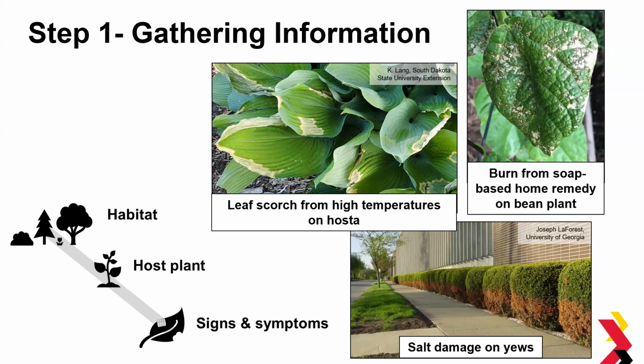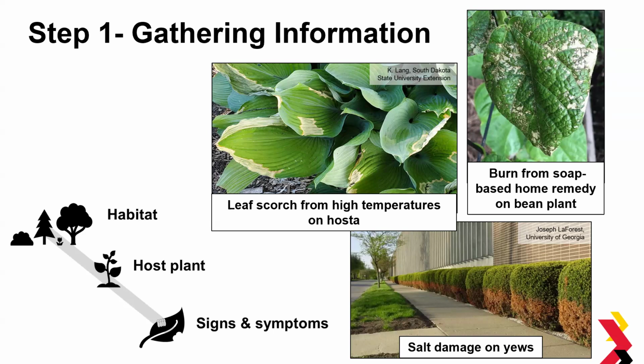So there's not always a cheat code to knowing, oh, we see this particular colored spot on a plant, we know exactly what that is. That isn't always the case. Sometimes we need to do a little bit more detective work. Some of these photos might be familiar from our first class, like our salt damage on our yews on our bottom right. We can see leaf scorch from high temperatures on hosta on our top left, and even burn on our top right from a soap-based home remedy.